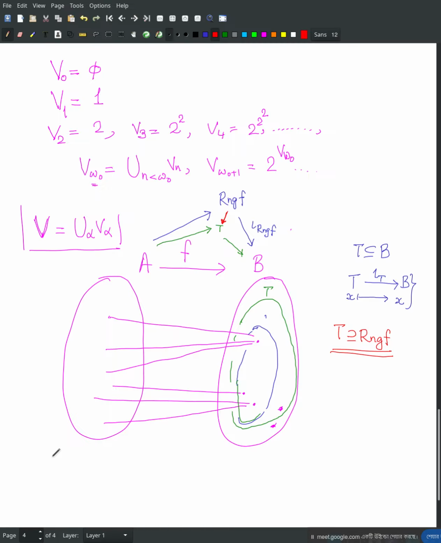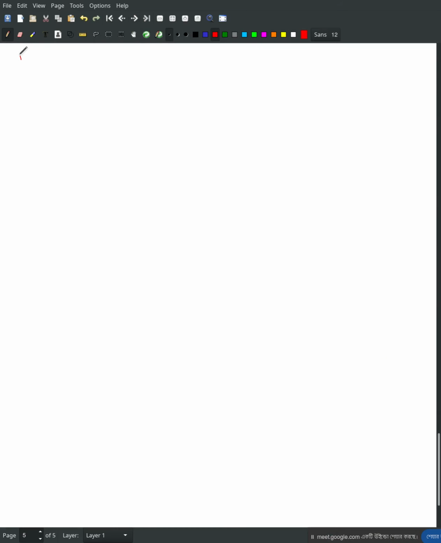Remember, your transitivity comes from this: R is transitive.